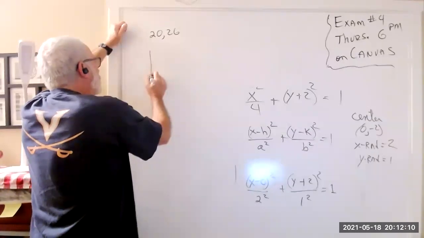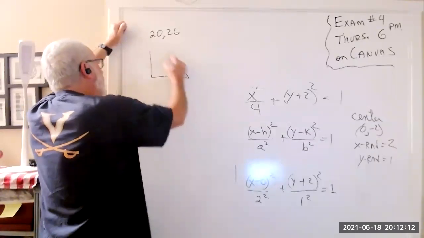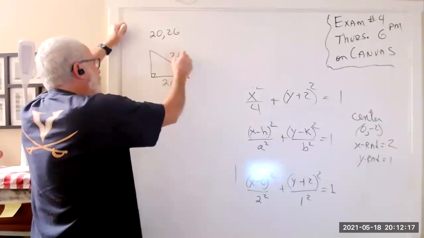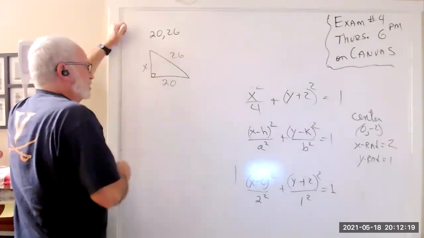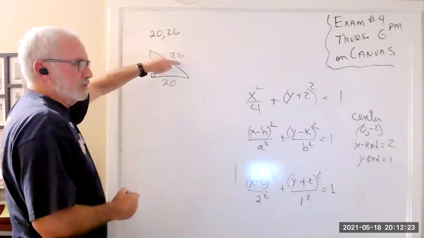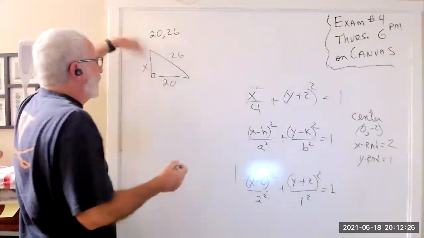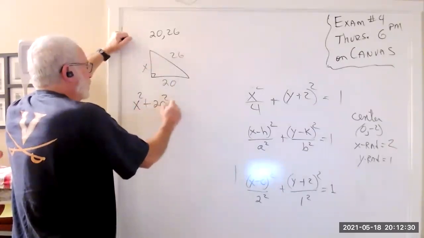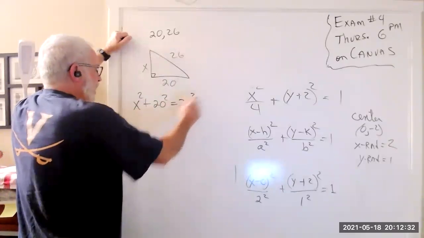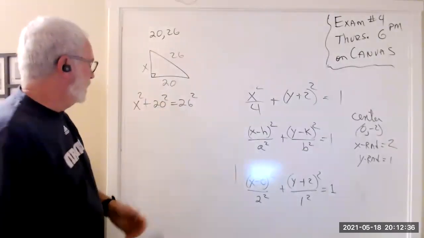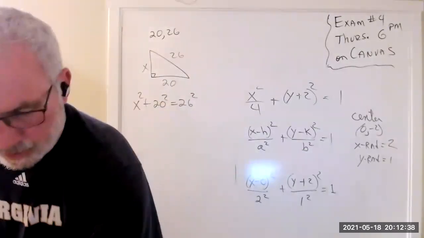Okay. So the thing I see, this could have been 20, 26, x. The 26 could have been the hypotenuse, and the hypotenuse is the longest. So you have x squared plus 20 squared equals 26 squared, right? Yeah, I got that.